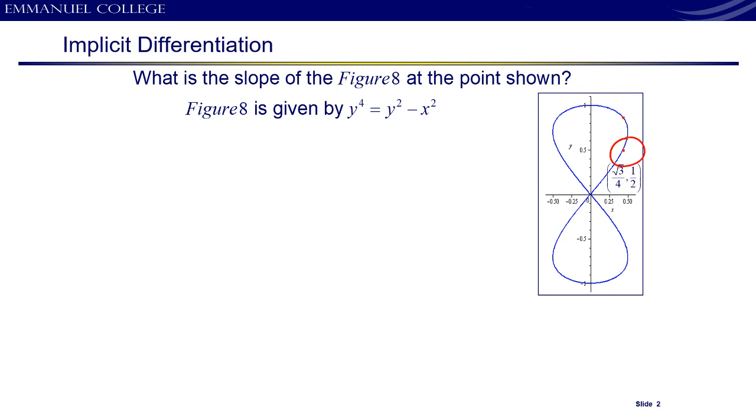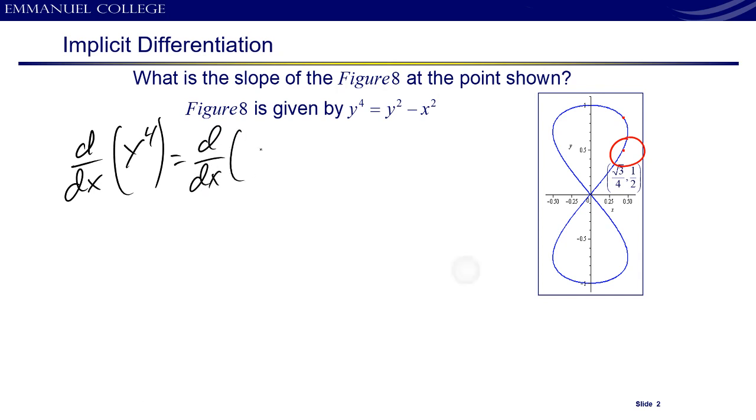So remember, the first thing that we've got to do is we're still taking the derivative with respect to x. So first we're going to take the derivative of the left side with respect to x, and then we're going to take the derivative of the right side with respect to x.